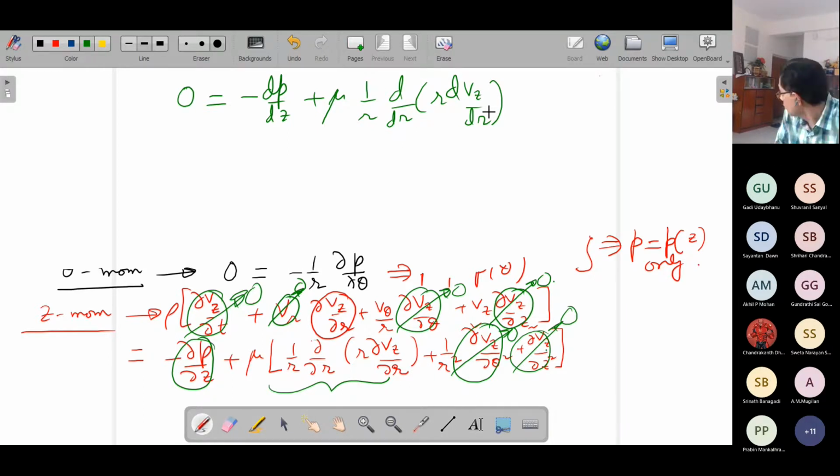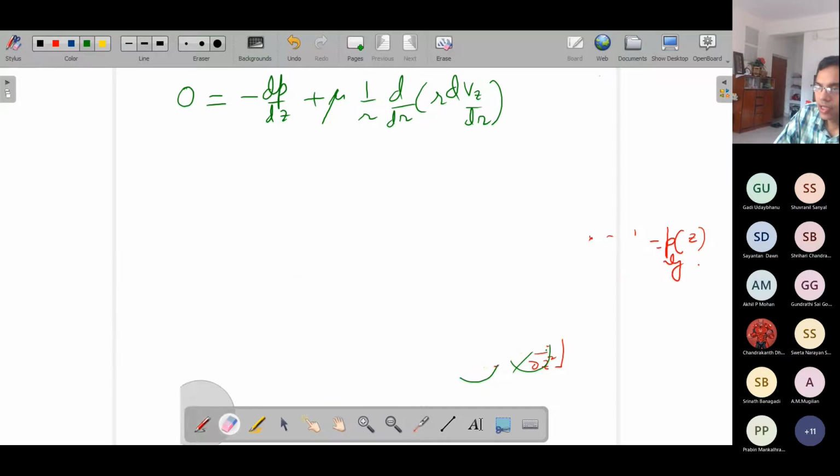So once we are writing this, what we can do is we can simply take the function of r in one side and the function of z in another side and integrate.